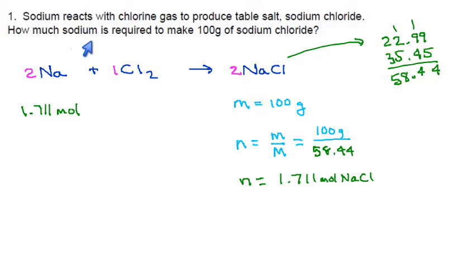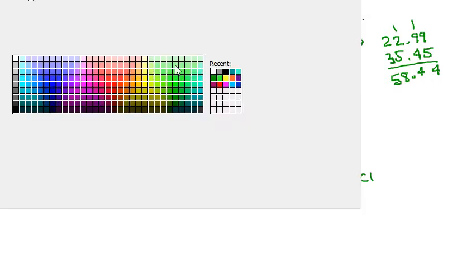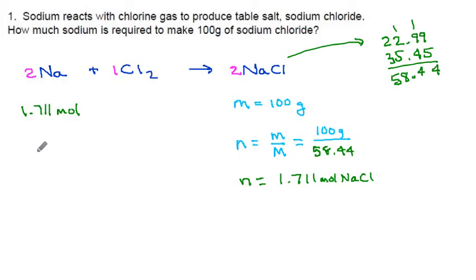They just said how much sodium is required, so technically we could stop here, but let's get a mass also because they could easily have asked for the mass. The mass of sodium is number of moles of sodium times its molar mass. 1.711 moles of sodium, and the molar mass for this is 22.99.